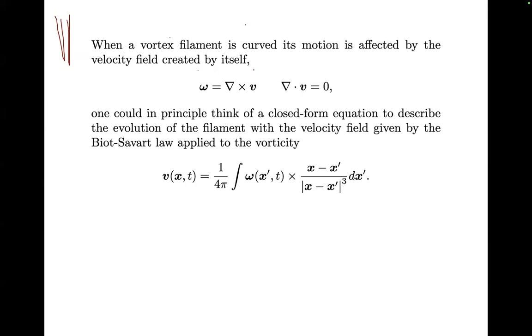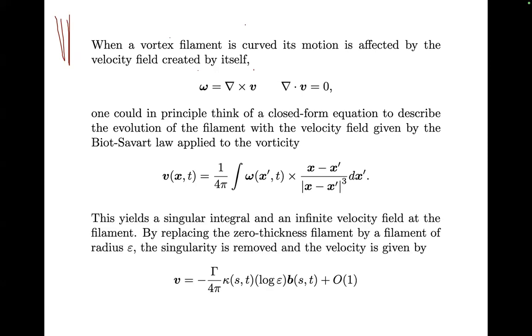And then this will be just an integral along the curve, and the direction will be t(s) ds. So, of course, what I would like to do is to find what the velocity is precisely at the curve. Imagine that in the integral you see on the slide t is 0, then x prime just lives on the curve. If I take any other x which is outside of the curve, then there is no singularity, and if it is a closed curve, everything is finite, so everything makes sense.